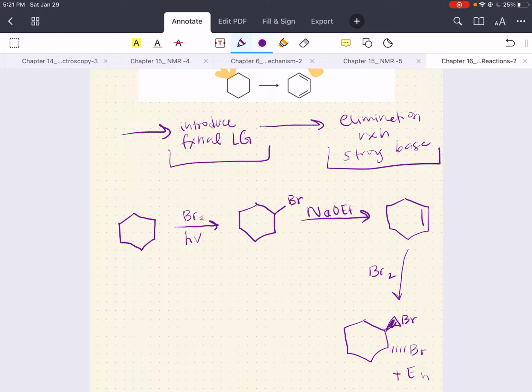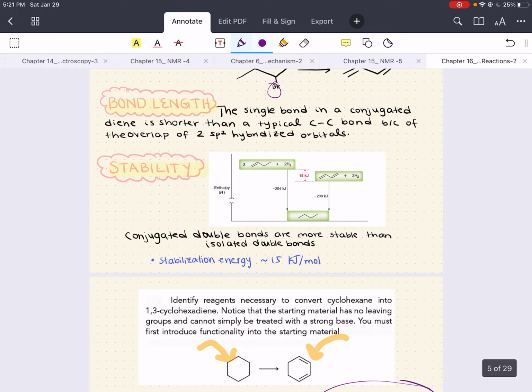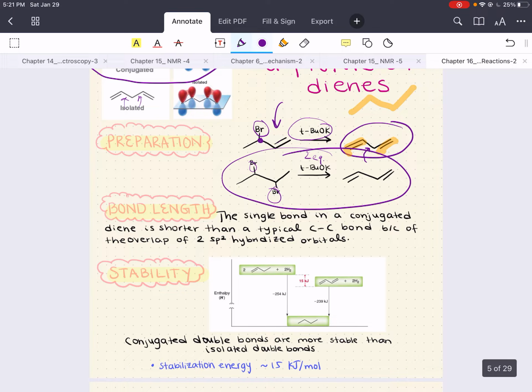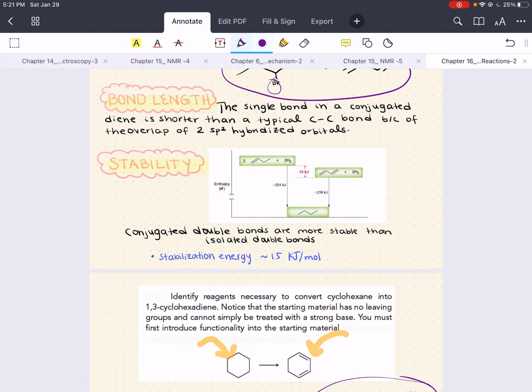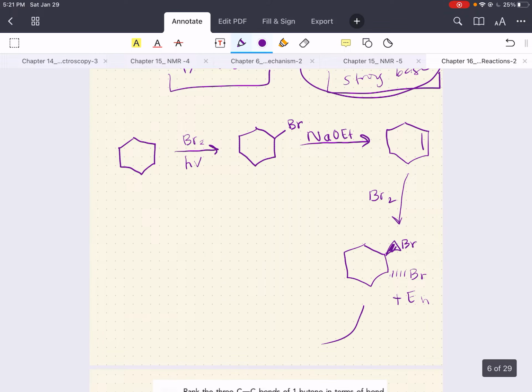And now all you have to do is that elimination reaction with a strong base. This is pretty much taking a dihalide, like we talked about when we talked about preparation, taking our dihalide, which is what we ended up with right here, and through two successive elimination reactions using a strong base, we can end up with our conjugated diene.